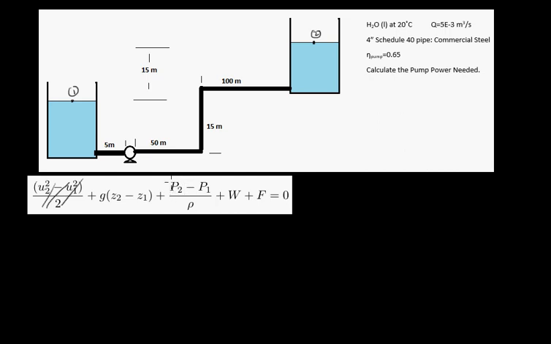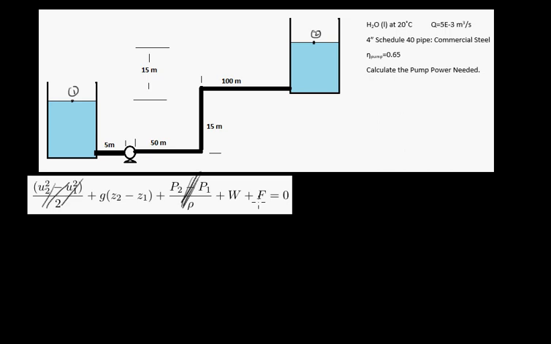We're not going to have flow work because each of these tanks are open to the atmosphere. So P atmospheric minus P atmospheric is 0, so we're going to cancel off that term here. We're trying to determine what our work is, and we are going to have frictional effects. So that's the basic setup.